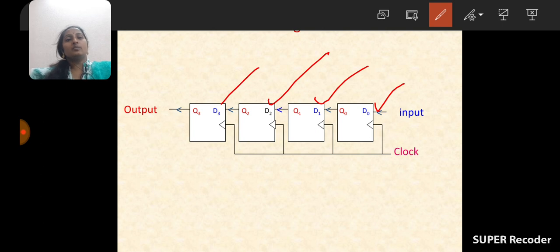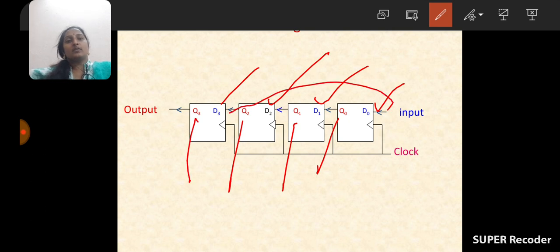And what are the outputs it has? Q0, Q1, Q2, Q3. In total it is used to transfer 4 data bits D0, D1, D2, D3 and Q0, Q1, Q2, Q3. So after the application of the clock pulse, the inputs must be entered and the output must be taken out.